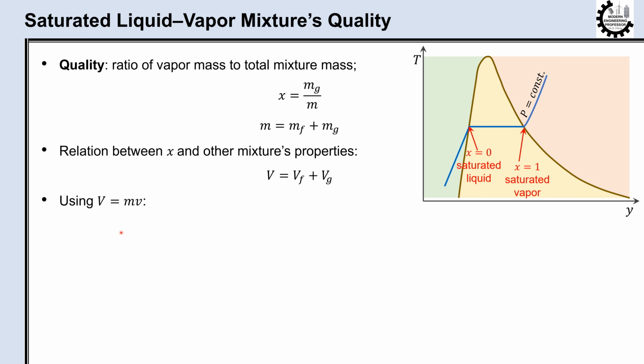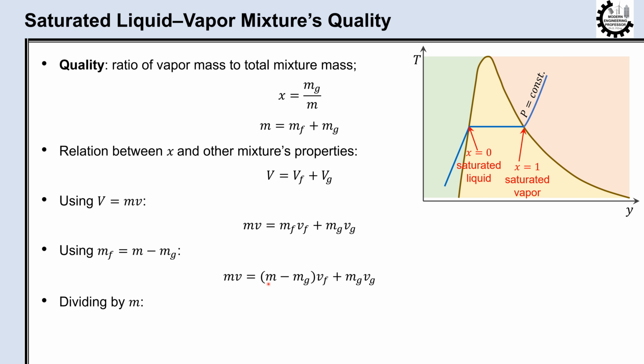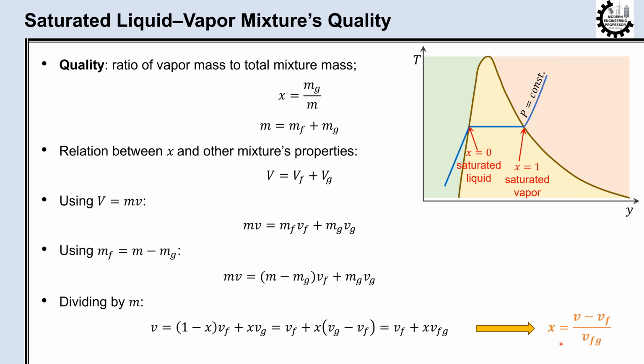Using the relationship between volume and mass, we can bring mass into our main equation. Eliminating m_f results in the following. Now, if we divide this equation by m, we get this new relationship from which we can calculate the mixture's quality using thermodynamic properties of the mixture.